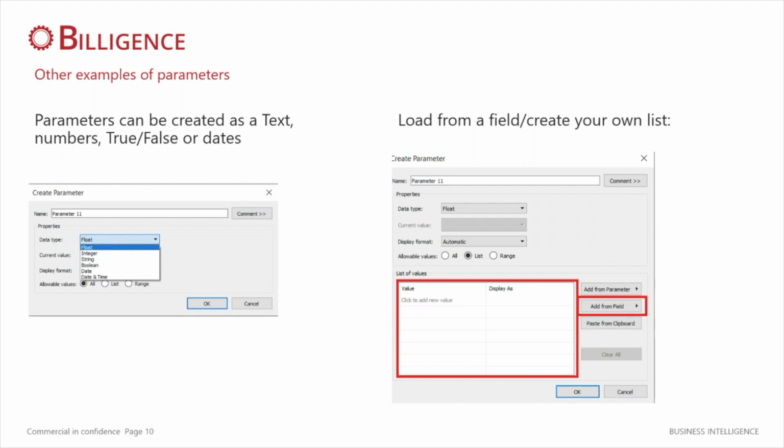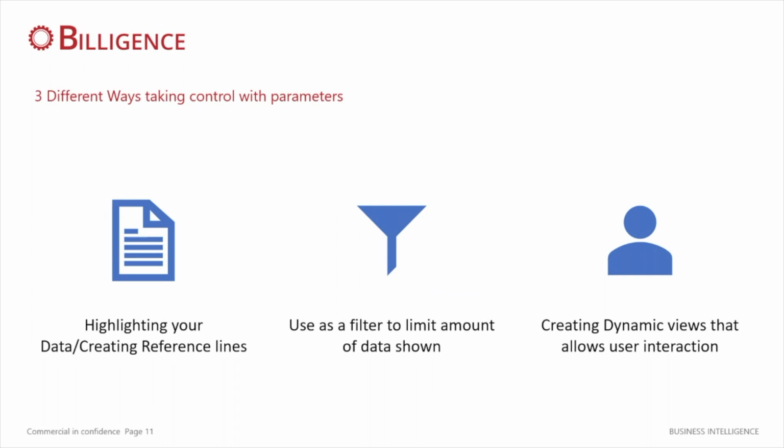Okay, so these are the three different ways that we can use parameters to help us visualize our data a little bit better in Tableau. The first way is highlighting your data or creating reference lines. Second is using it as a filter to limit the amount of data being shown.